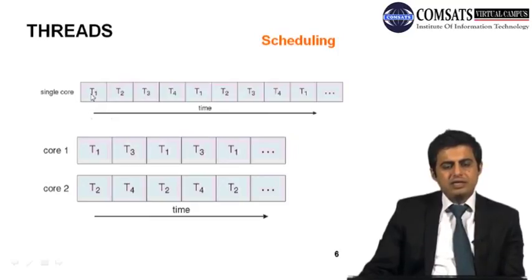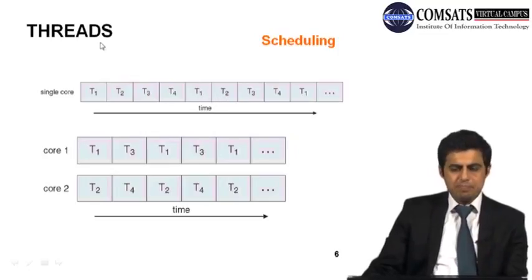So if we say that in the first stage we call the CPU time T1, in the second stage we call it T2, and T3 and T4 for the other 2 stages, then if it is a single core system or a simple process system, the time is distributed equally. It starts with T1 and then T2 follows it, and then T3 and T4, and then it starts working on the new instruction and it starts from T1 again.